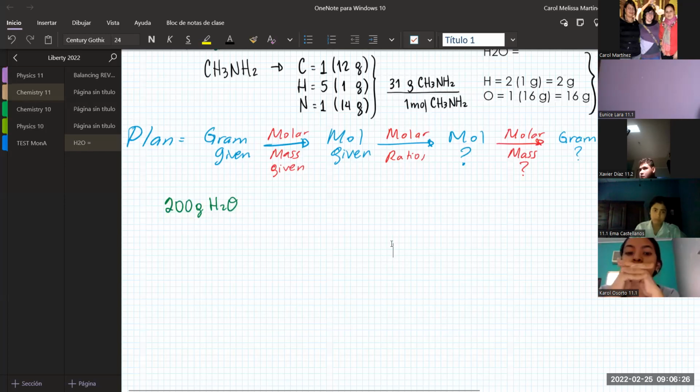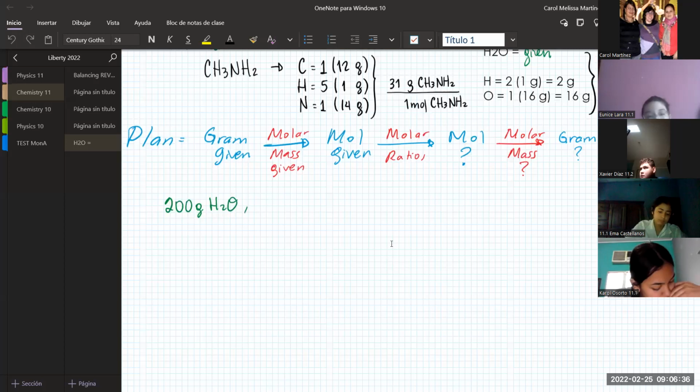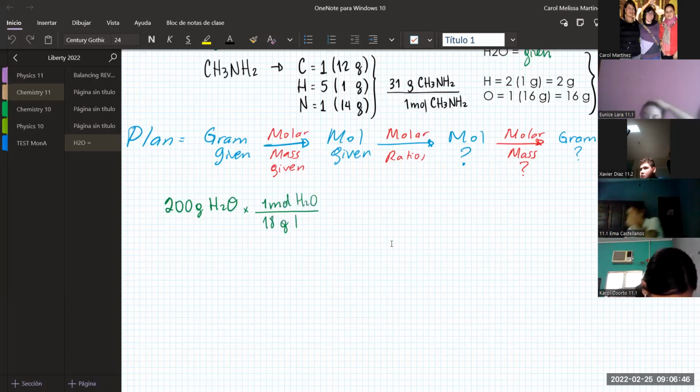The given is water: 18 grams of H2O. 1 mole H2O over 18 grams H2O. Grams, grams, water, water.